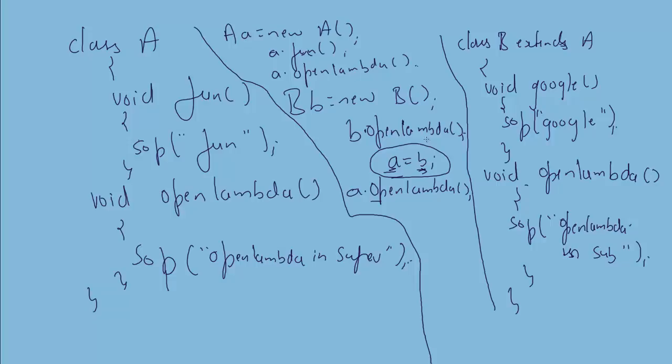Assume this open lambda method has some functionality and I am not satisfied; I need to give a new functionality. So I will extend that class and override the method to give the new functionality. Whenever I want the previous functionality, I will create an object of the superclass. Whenever I need a new functionality, I will create an object of the subclass. Clear, right?